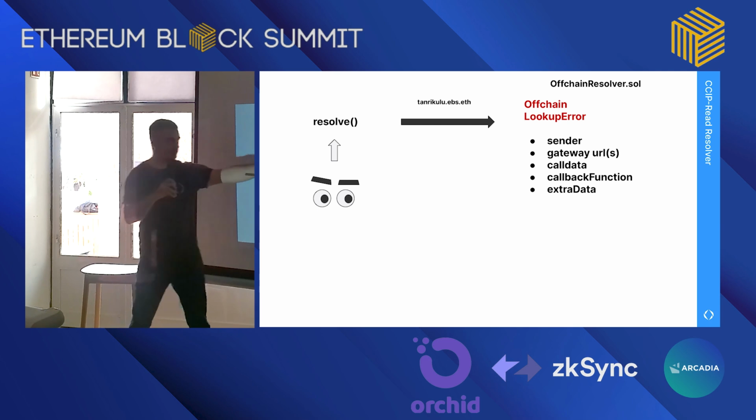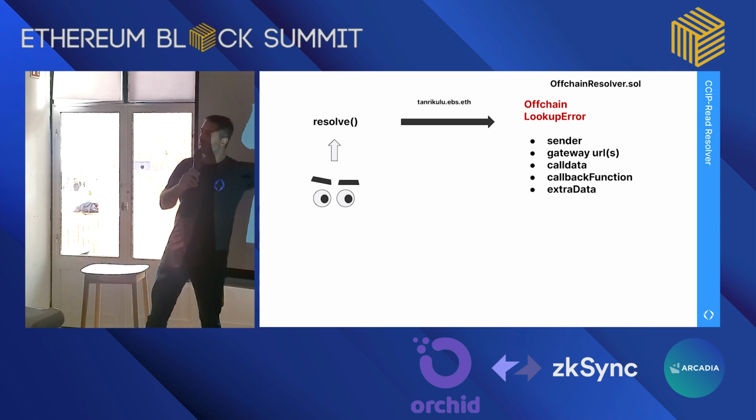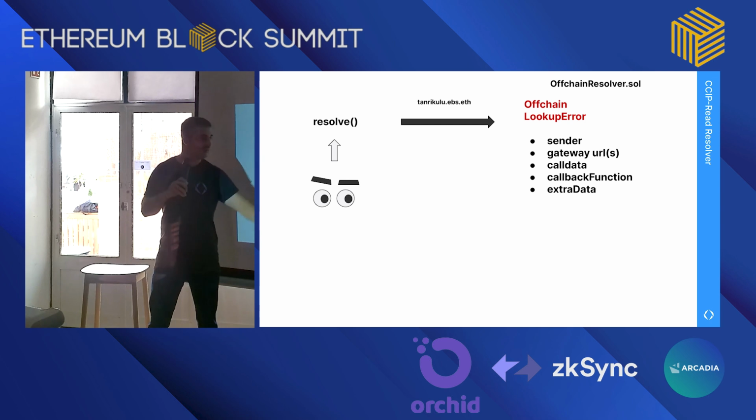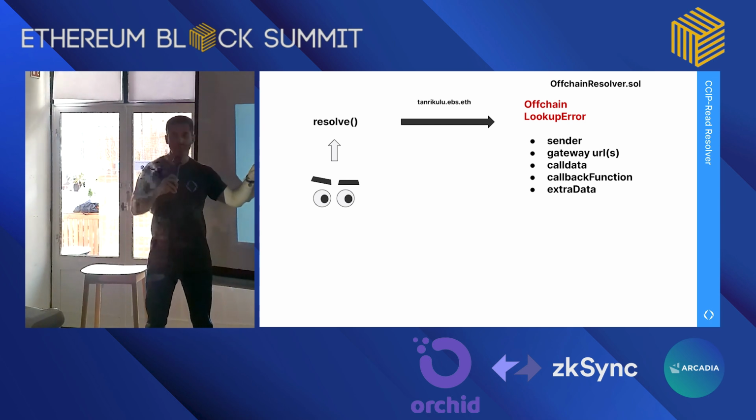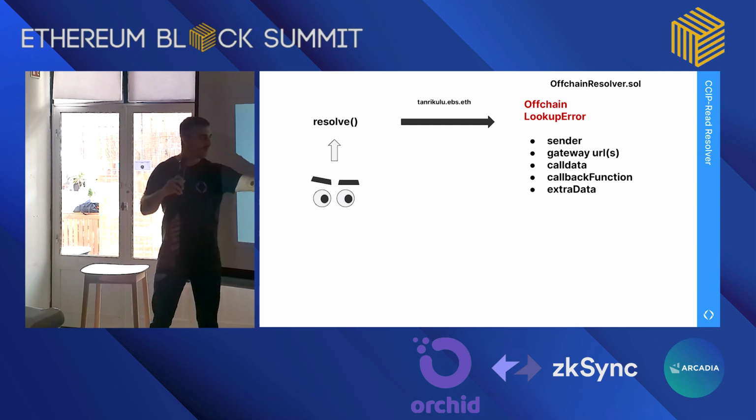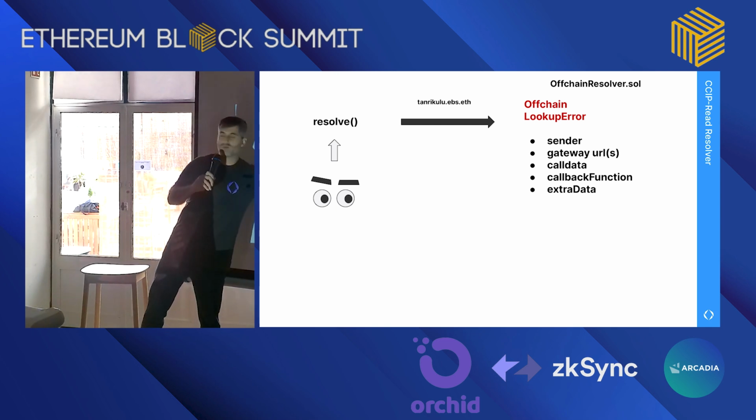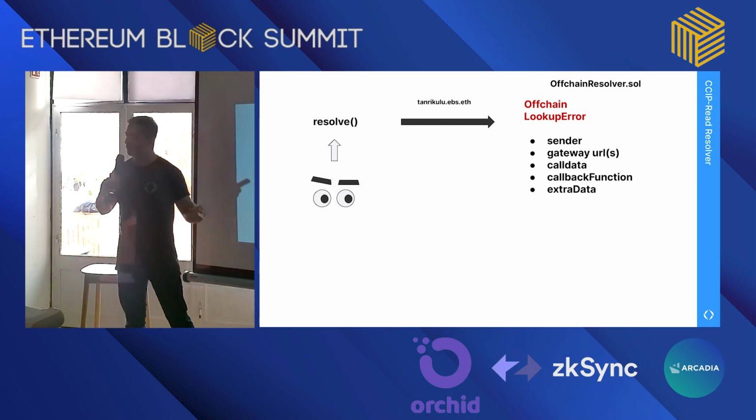It says, please go to this gateway URL, and this was your call. Ask the same call to that gateway, so it can check for you if it's available. And then if the gateway is able to find the information, please go back to this function with that result, and this function will help you verify if everything is correct.